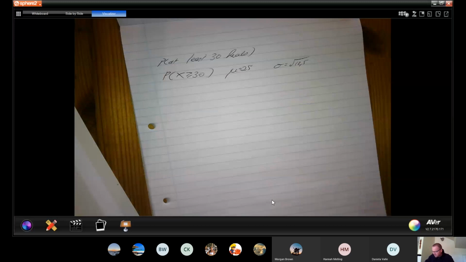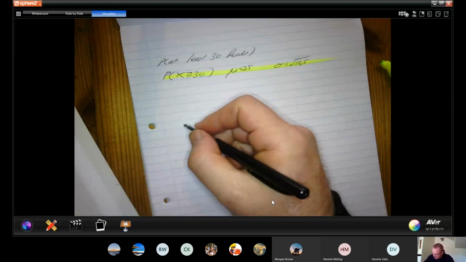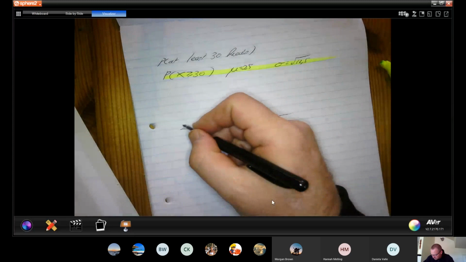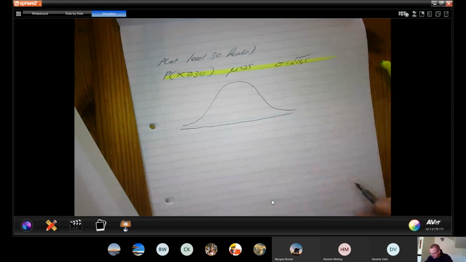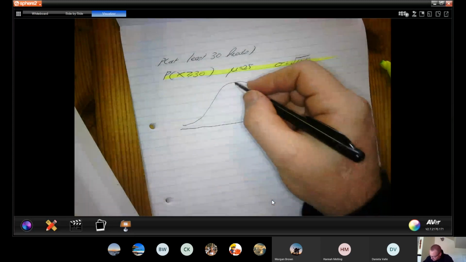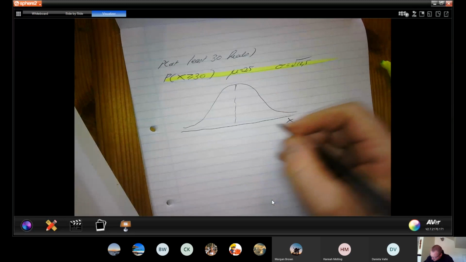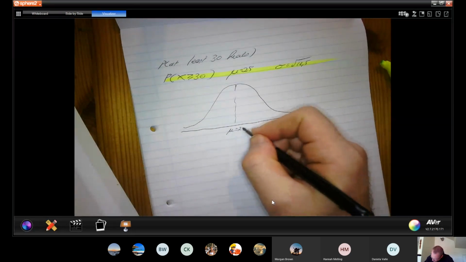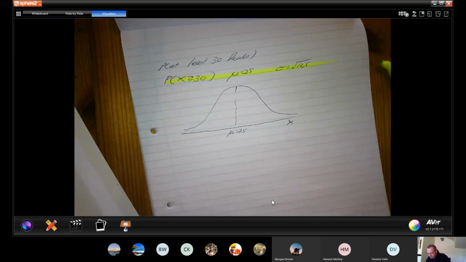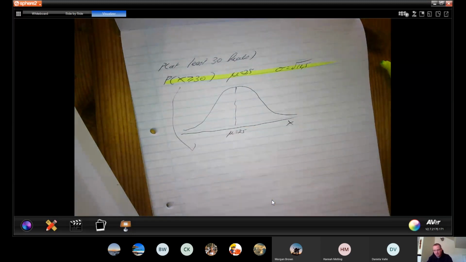First of all, let's draw a little picture of our normal distribution table. We're going to have our x scores, and mu is 25. Now we're looking for the probability that x is greater than or equal to 30.